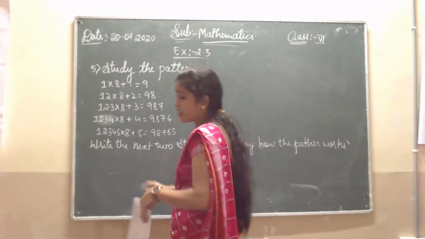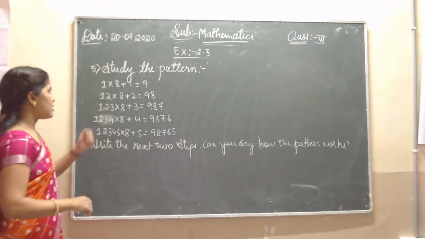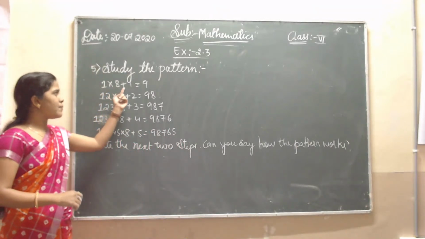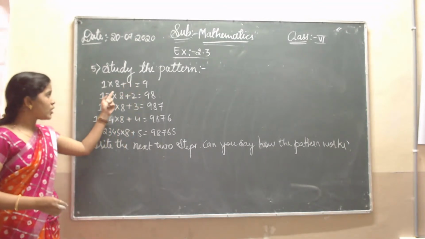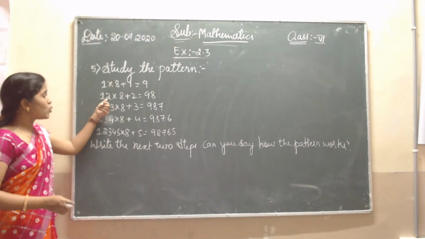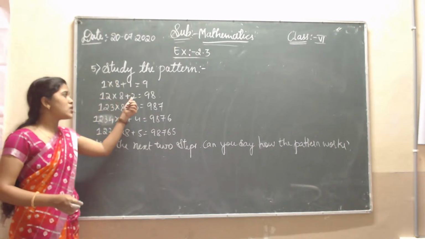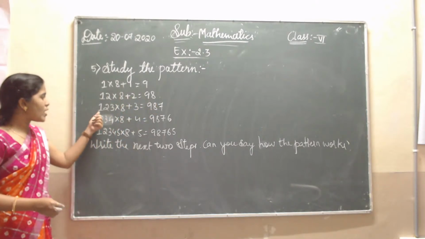See here, first we will see the pattern. 1 into 8 plus 1 is 9. In the second step, 12 into 8 plus 2 equals 98. In the third step, 123.